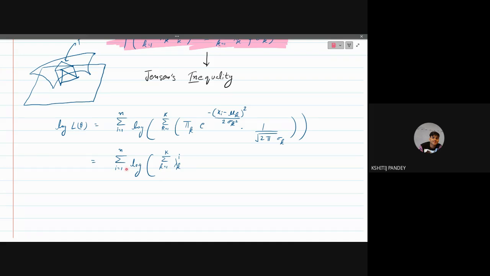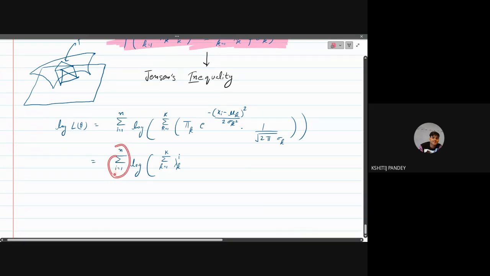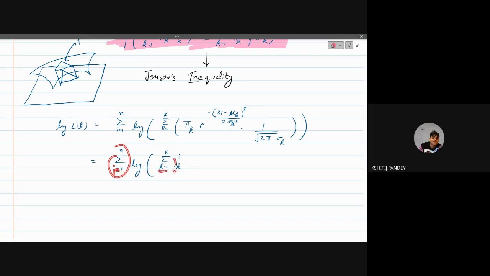For each point, for each i, you have k lambdas. For i equal to 1, you will have k lambdas. For i equal to 2, you have k lambdas. For all n data points, you will have k different lambdas. And then you have some numerical value here, which is given by this. So I'll simply copy it.